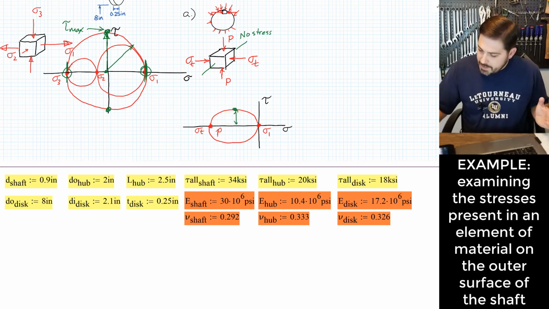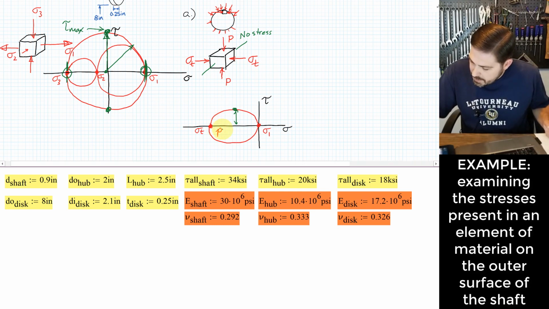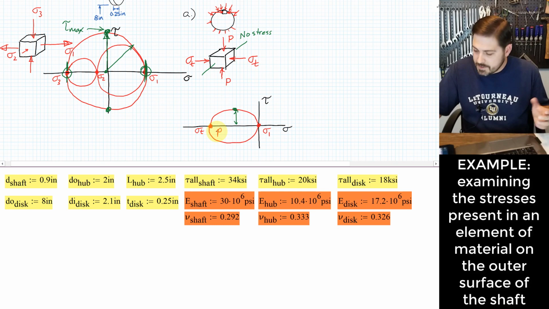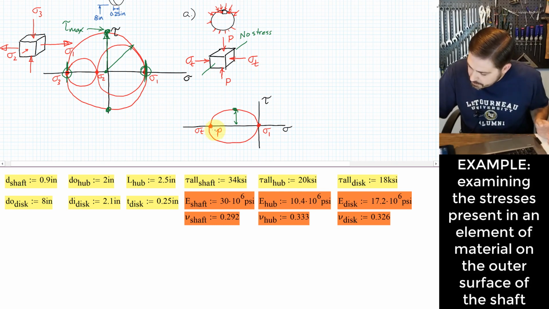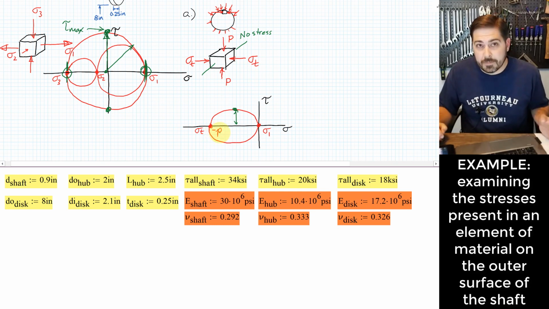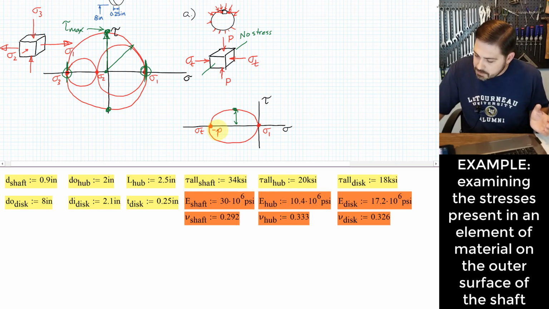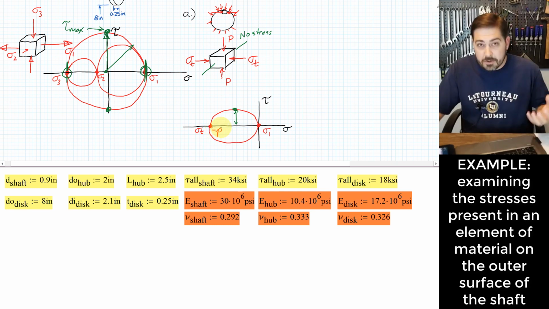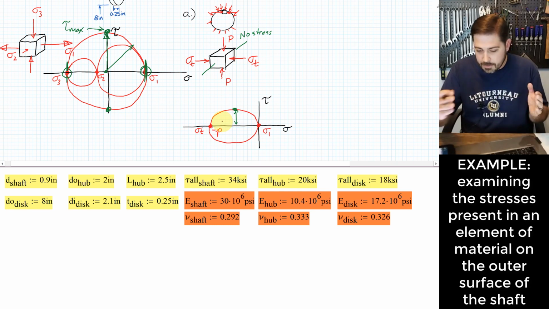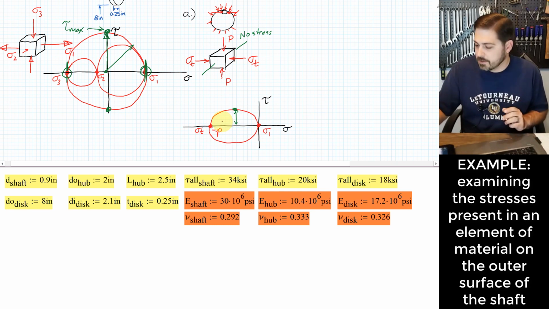And really, technically, I should say that this P is not just P. Since P is always given as a positive number, this technically should be minus P over here, because I'm getting a compressive stress where my values of P are always going to be expressed in terms of a positive number, even though it is by its nature compressive. So that's a tricky thing there.